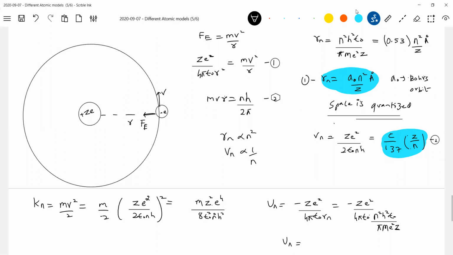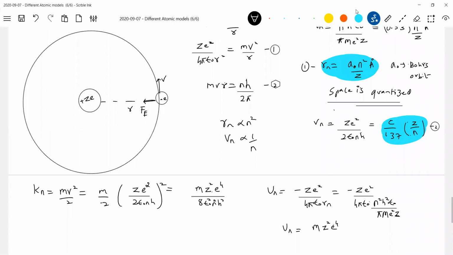Let's go for this one. So this will be m Z square e to the power of 4, the pi cancels, over epsilon naught square n square h square. So the negative sign will be there. Look at the potential energy and kinetic energy.